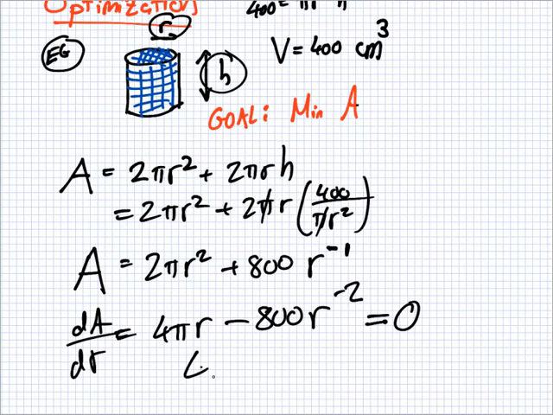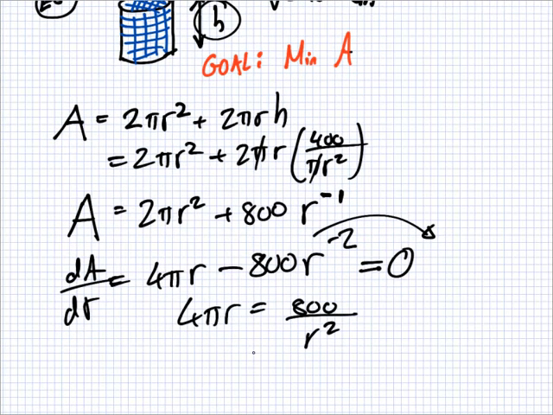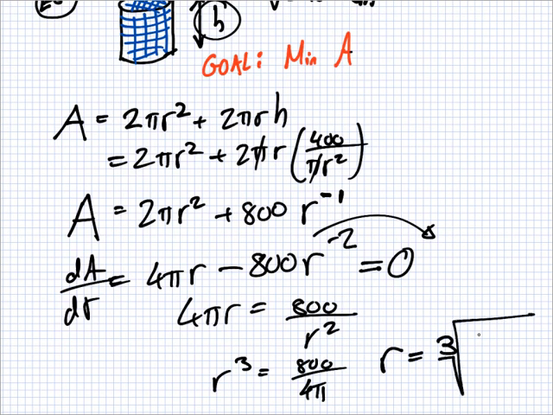So you have 4 pi r equals 800 over r squared. If you just take that over to the right. Can we get the r here? What should I do next? r cubed equals 800 over 4 pi. So we've just figured out the best radius to use. It should be the cube root of 800 over 4 pi.